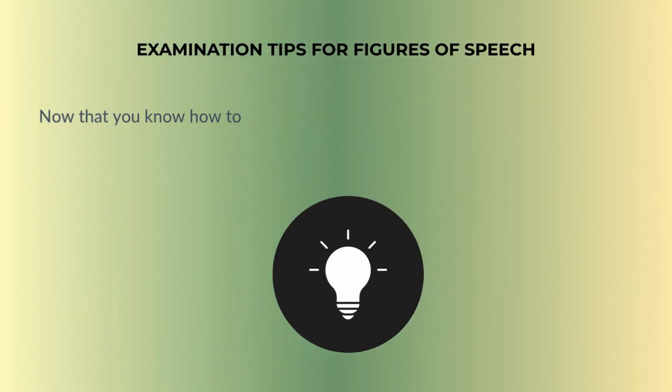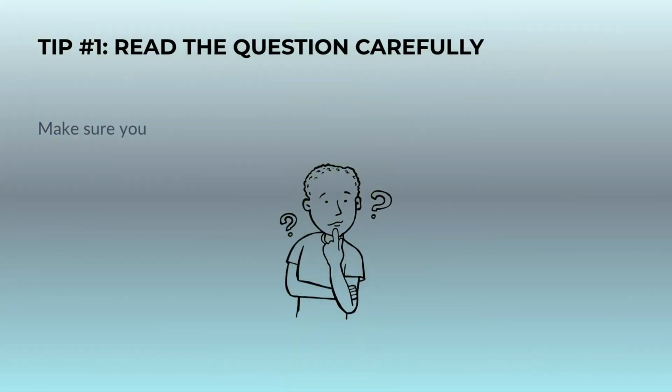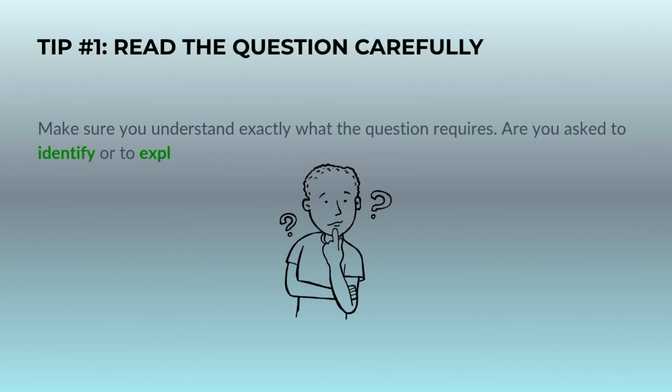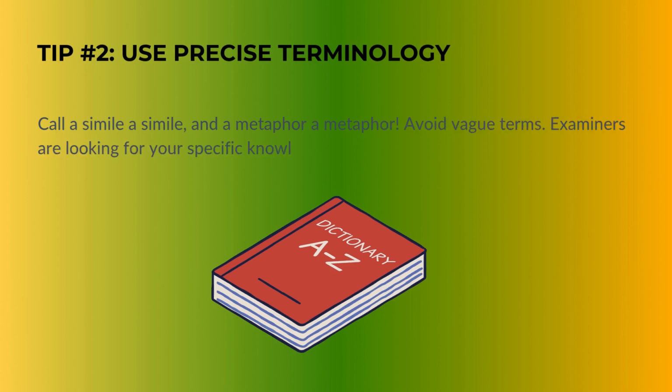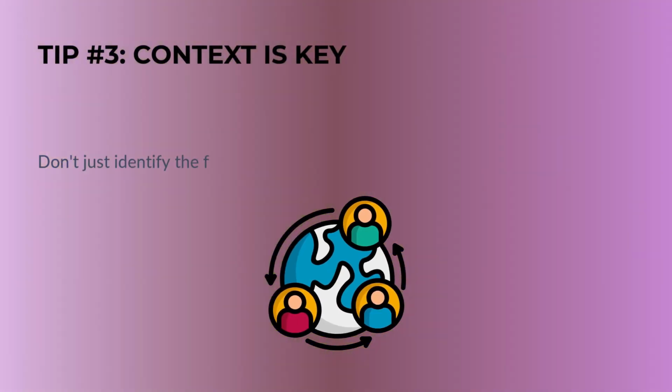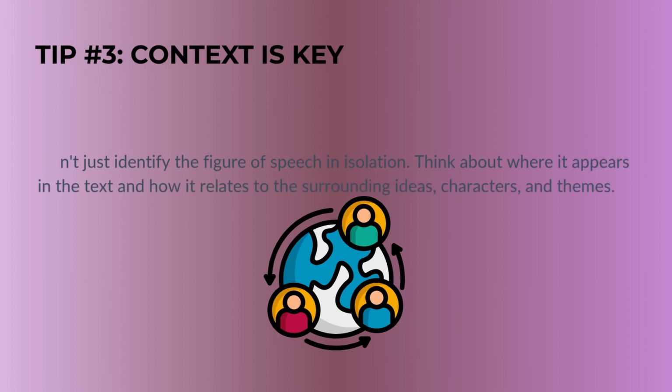Let's wrap up with some key examination tips. Tip number 1. Learn to recognize the common figures of speech instantly. Number 2. Always use the correct terminology when identifying. Number 3. Connect your explanation to the specific context of the extract.